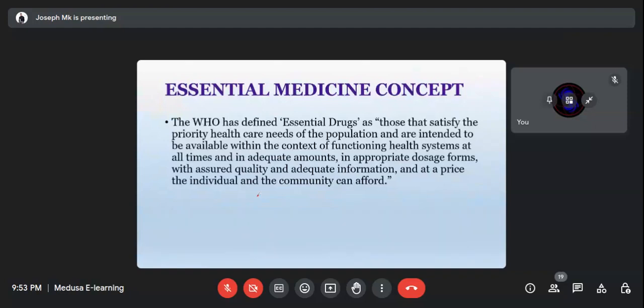So the WHO has defined essential drugs as those that satisfy the priority healthcare needs of the population and are intended to be available within the context of functioning health systems at all times. So let me just summarize it. By essential drugs, they mean, take for instance, mostly three quarters of the people, you hear them say my head is paining, things like that.